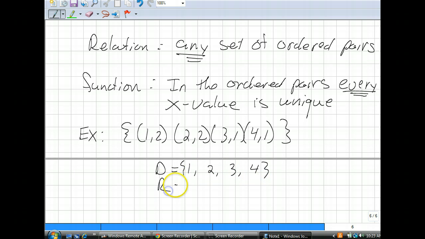It has a range, the y values, of 2 and 1. But the key is, notice that every x value is a different number. So therefore, this relation is also a function. It's a more specialized one where it's a function.